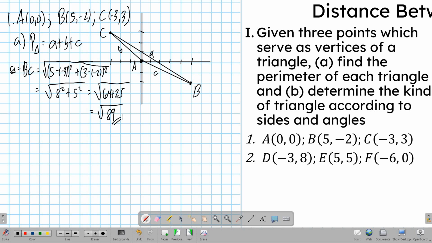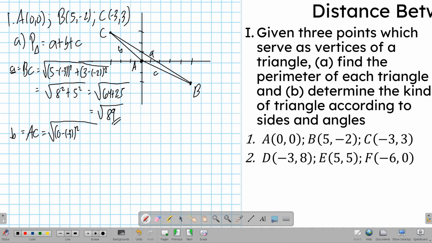Now let's look for the length of the other sides of our triangle. For side B, we're going to have side AC. So therefore, to find the distance between A and C, na mukhang hindi rin naman vertical or horizontal kasi walang magkapares na abscissa and ordinate. So, this would be now 0 minus negative 3 squared.